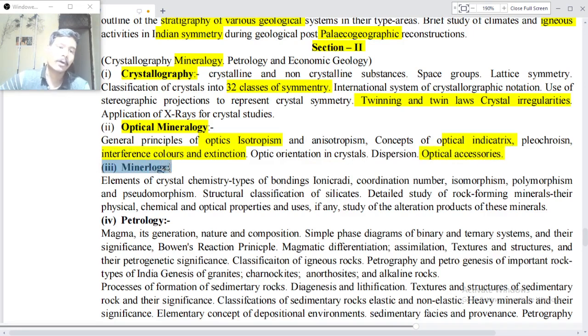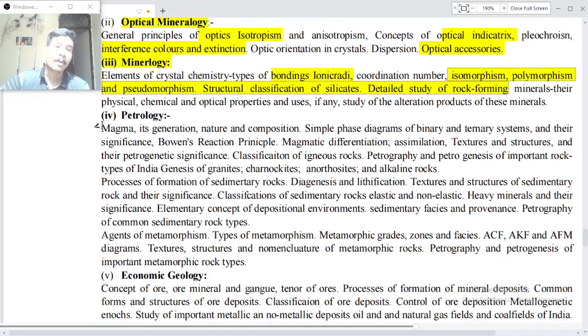Point number 3, mineralogy. Elements of crystal chemistry, types of bonding, ionic radii, coordination numbers, isomorphism, polymorphism, pseudomorphism, structural classification of silicates, a detailed study of rock forming minerals and their physical, chemical and optical properties and uses, study of the alteration products of these minerals. Point number 4, petrology.